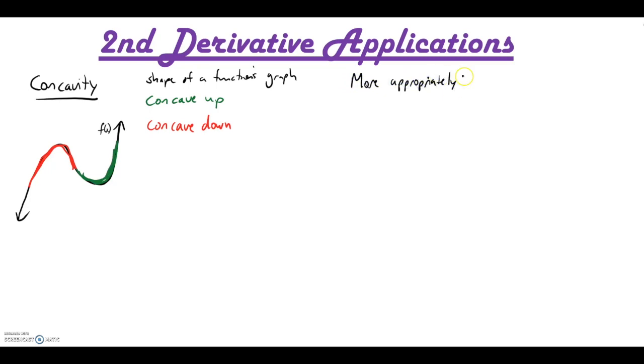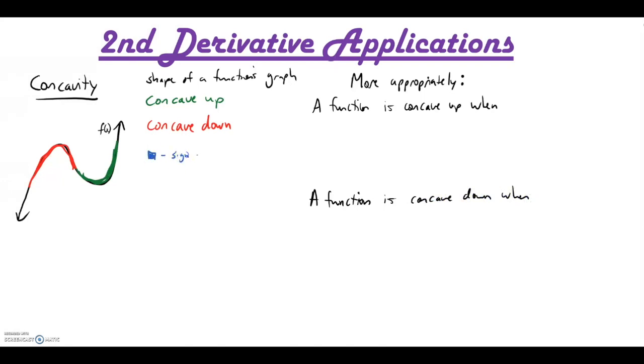But more appropriately, and what we're going to be looking at, is defining these in calculus terms. So we're going to say a function is concave up when, and we're also going to set up for a function is concave down when, and give descriptions of those in calculus terms. So the blue you're going to see go on this graph is all in regards to the sign of the slope.